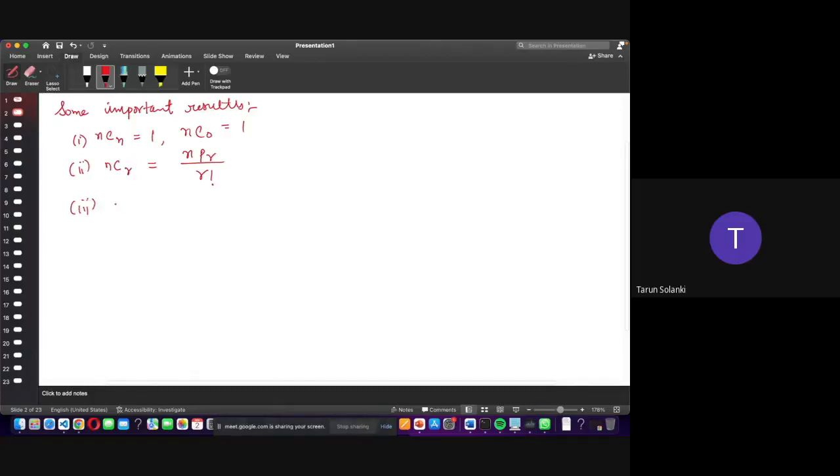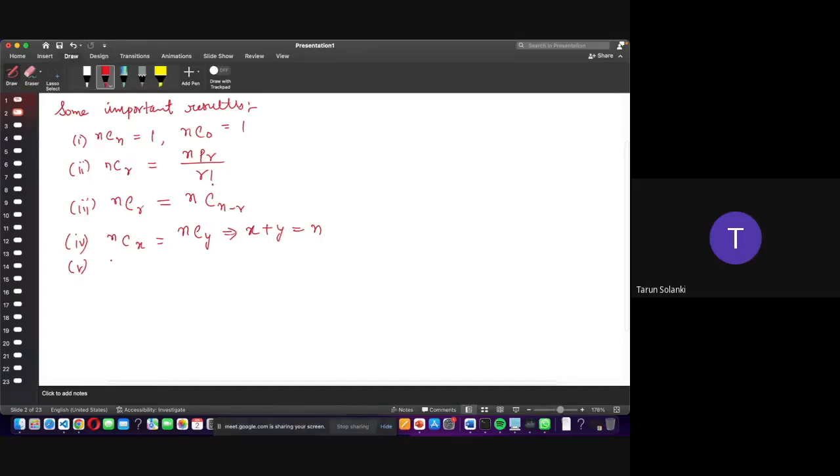Third thing, nCr is equal to nC(n-r). Fourth, nCx is equal to nCy, where x plus y is equal to n.